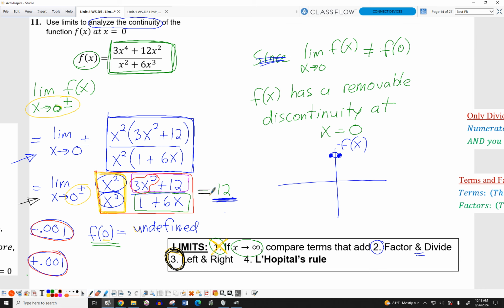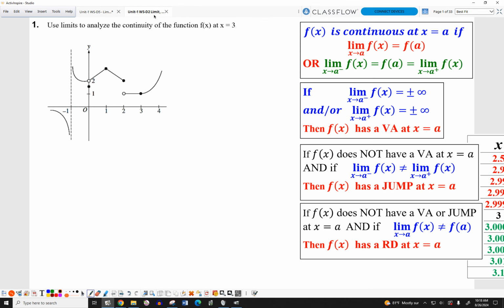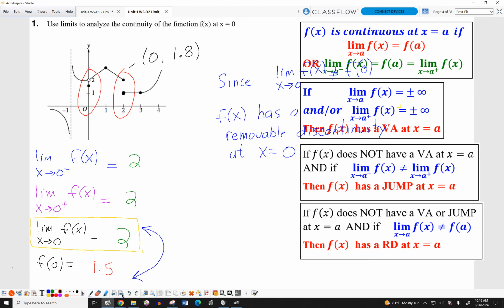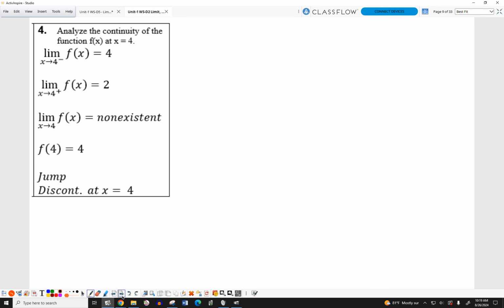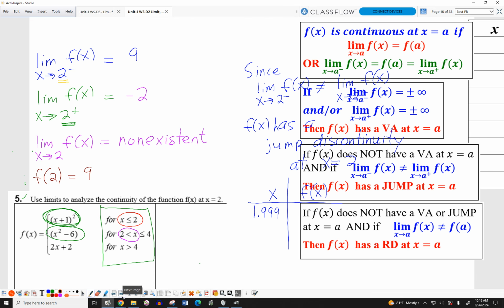99% of the time, if they don't give you a piecewise function, piecewise was this style here, like that's a graph, but a piecewise function like that. Okay. That's a piecewise function.